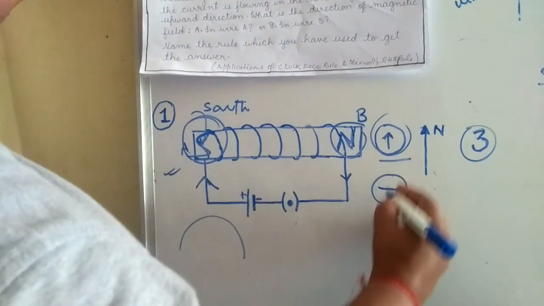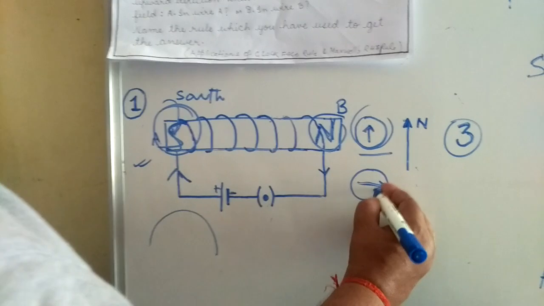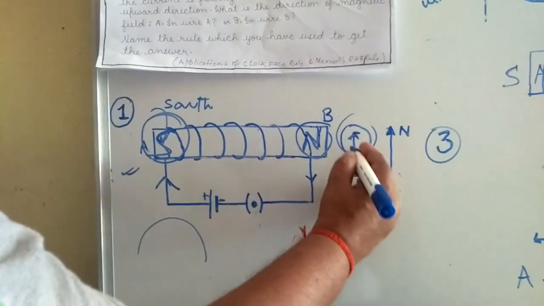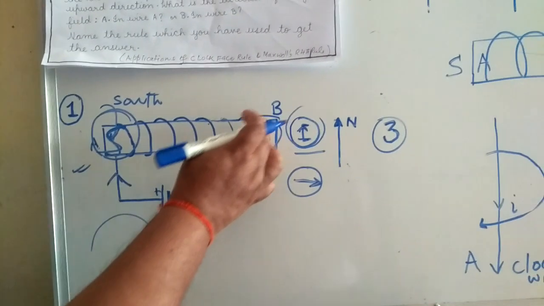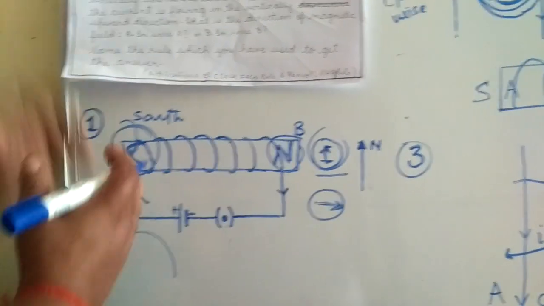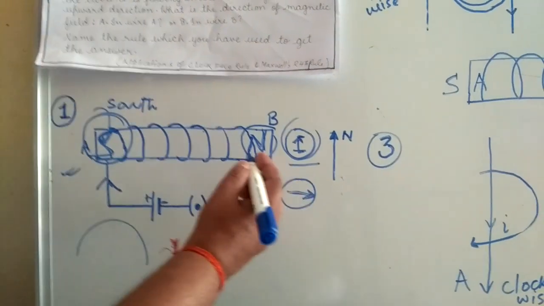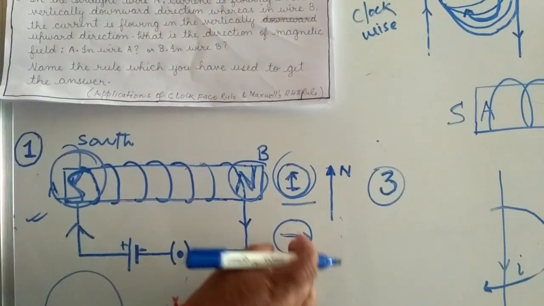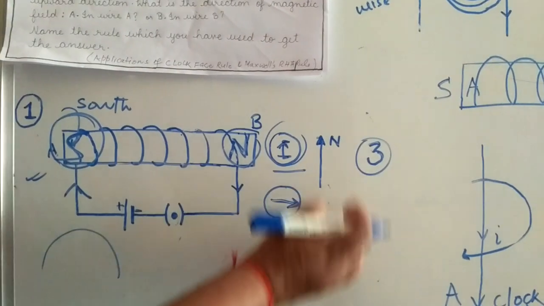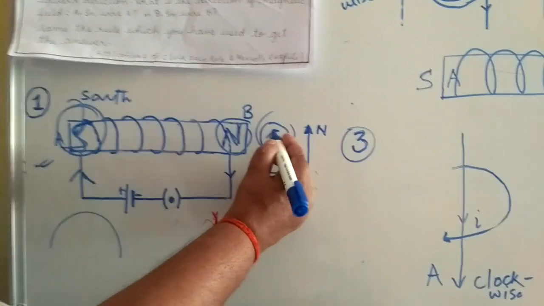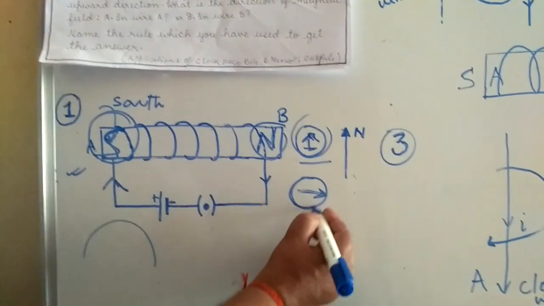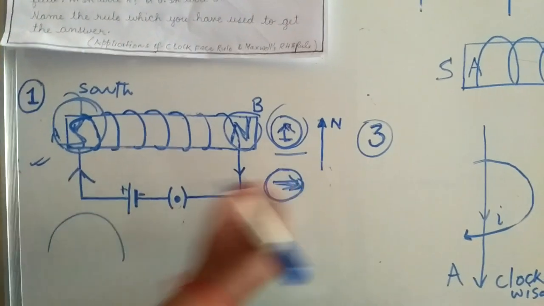So the movement of the needle is in this way, because this is a north pole and this is a south pole, so repulsion is taking place. Here is a north pole, here is a north pole, so due to the repulsion it moves away, and the needle moves in this direction.